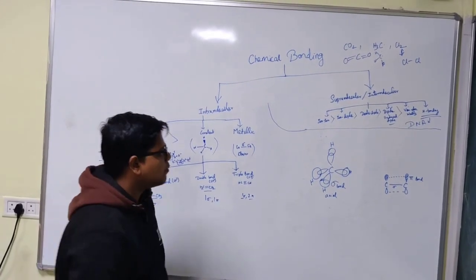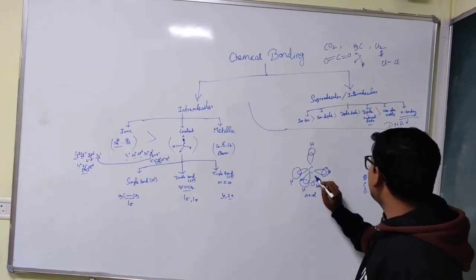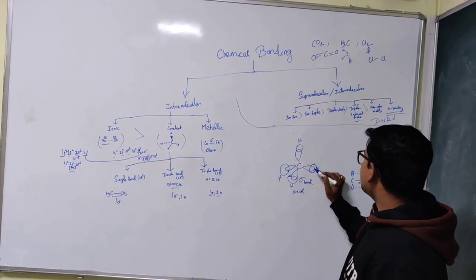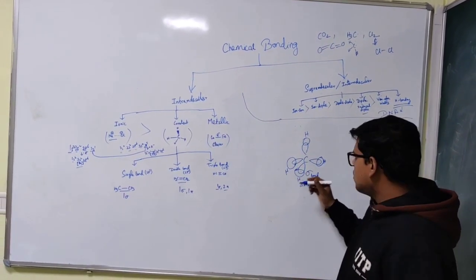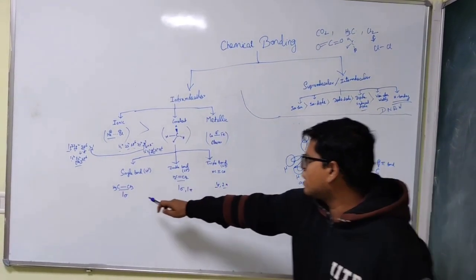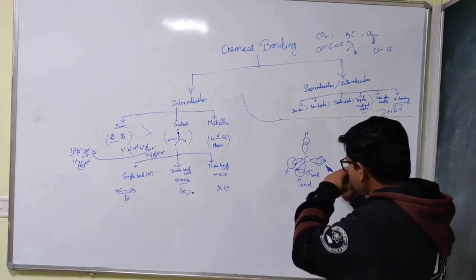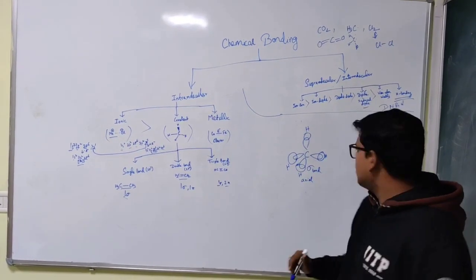Now what is sigma? Sigma is axial overlap of S and P. Here S and P, otherwise it could be P and P also, like happens here in CH3. So axial overlap of two atoms.